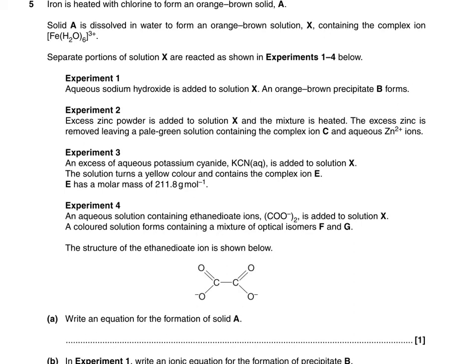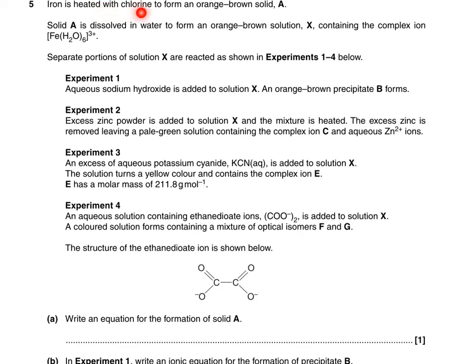So the first question is asking us to write an equation for the formation of solid A. So up here, whatever solid A is, it dissolves in water to form an orange-brown solution that contains this complex ion.